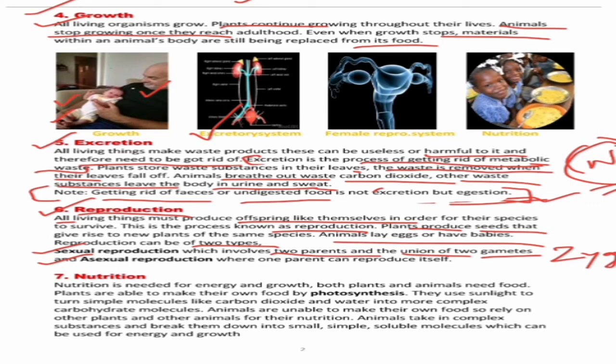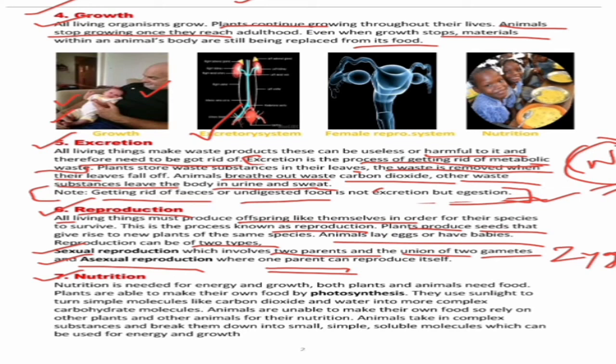We will study it in detail also. In asexual reproduction, what happens? There will be a single parent involved, and this single parent is going to reproduce itself. So the baby which is produced, or the daughter cells which are produced, will be identical to this parent cell.